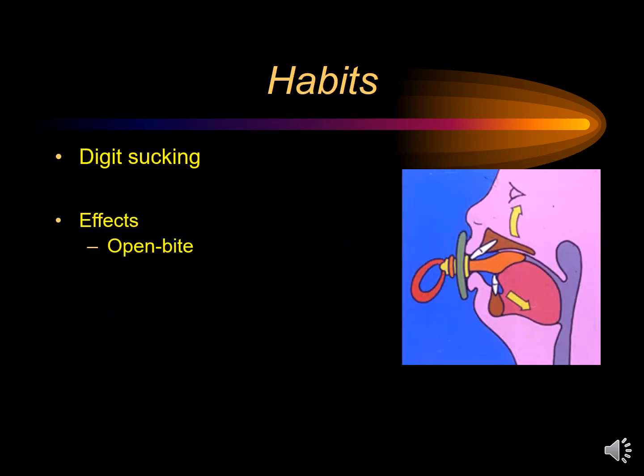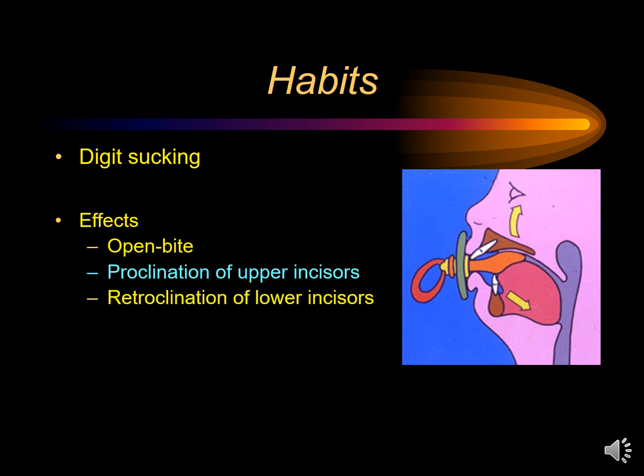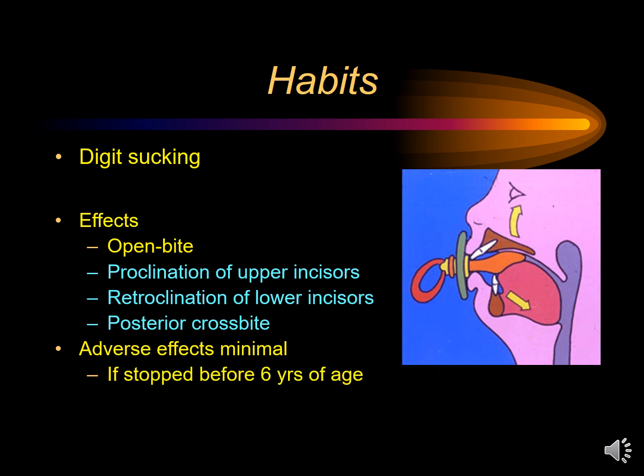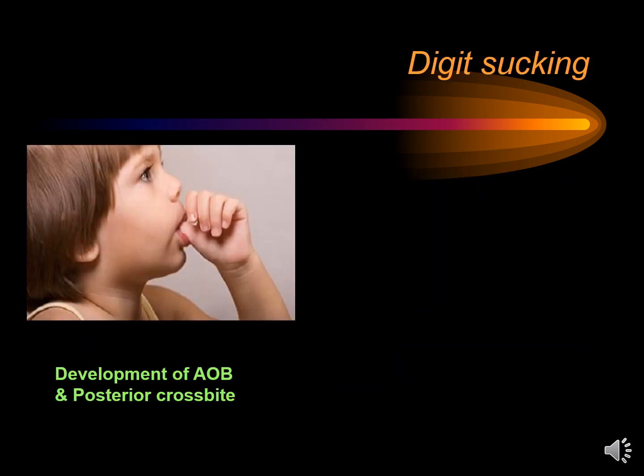The effects of digit sucking are an open bite, proclination of the upper incisors, retroclination of the lower incisors, and posterior crossbites. Adverse effects are minimal if it is stopped before 6 years of age.